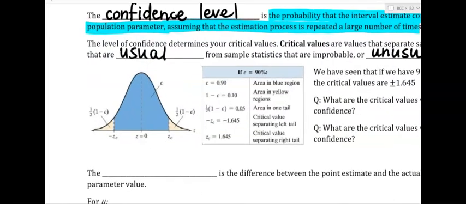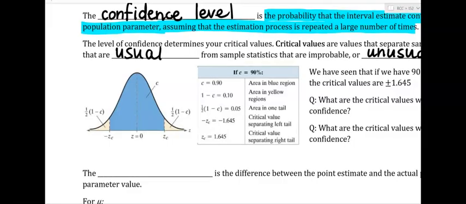So for instance here, say you had chosen a 90% level of confidence. You want to have 90% of your data in your bell curve. These two numbers down here, those two Z sub C's, would be your critical values. You have two of them. You have one for the upper value and one for the lower value.